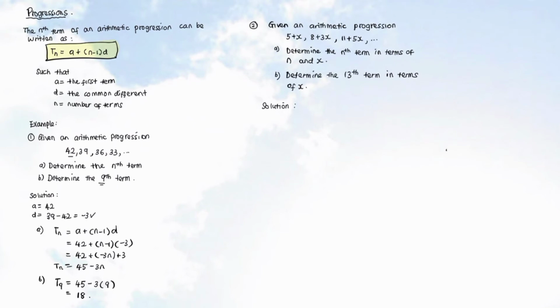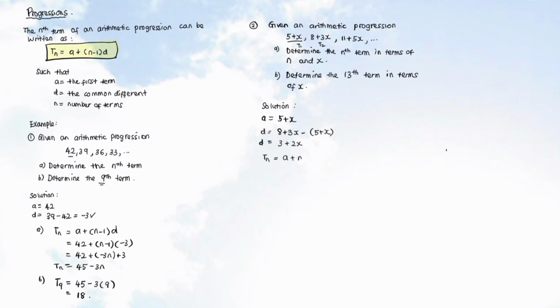Question 2, given an arithmetic progression 5 plus x, 8 plus 3x, 11 plus 5x, A, determine the nth term in terms of n and x. B, determine the 13th term in terms of x. For the solution, first thing first, a is equal to 5 plus x, d is 8 plus 3x minus (5 plus x), equal to 3 plus 2x.